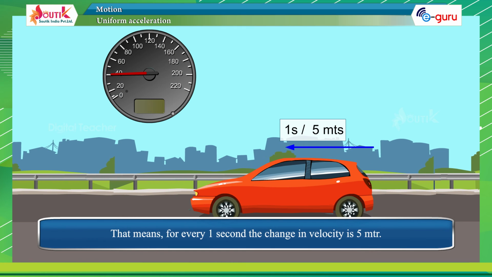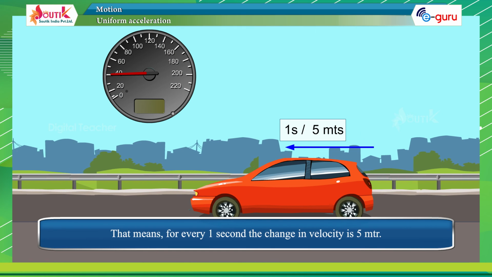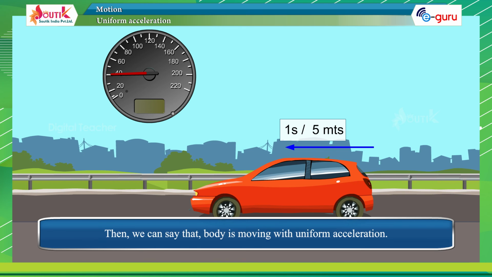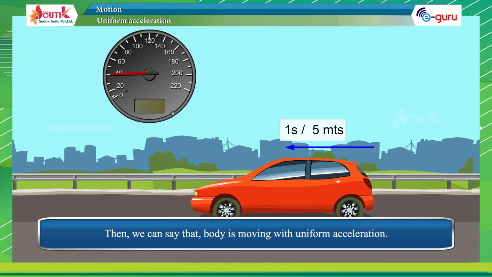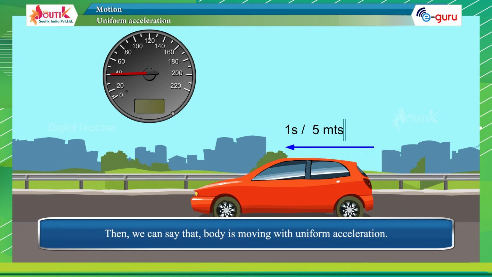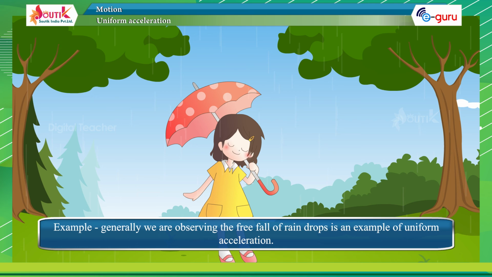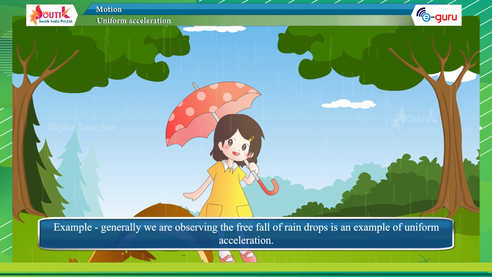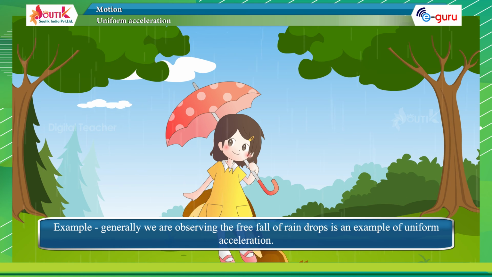That means if for every 1 second the change in velocity is 5 meters, then we can say that the body is moving with uniform acceleration. Example: generally, we observe the free fall of raindrops as an example of uniform acceleration.